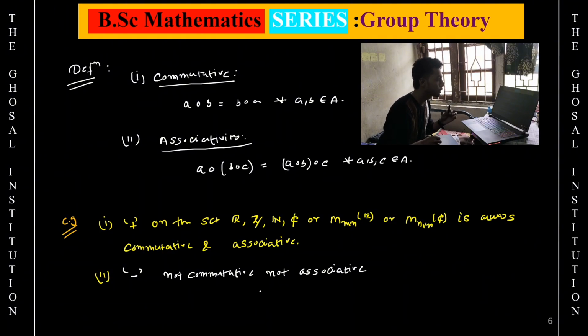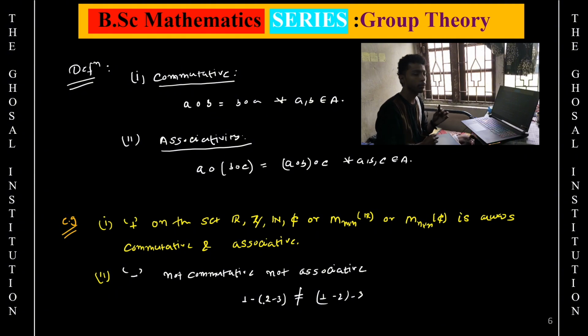And it is also not associative, because if you do 1 minus, say, 2 minus 3, it will not be equal to 1 minus 2 minus 3. So if we take the composition as the minus symbol, obviously it is not associative. Fine, these are some examples.